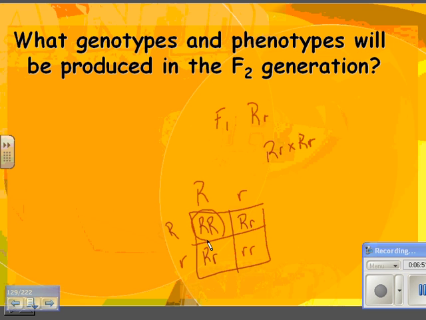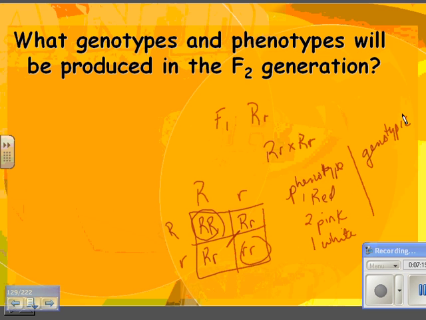So you'd get one red, two pink, and one white. That's what they look like. That would be the phenotypic ratio. The phenotypic ratio would be 1 to 2 to 1. That's actually the same as the genotypic ratio in this one.